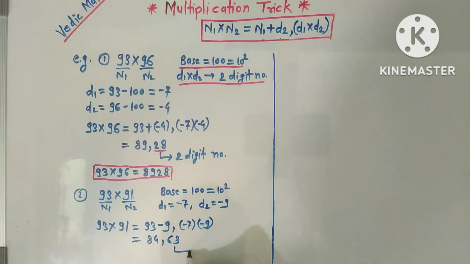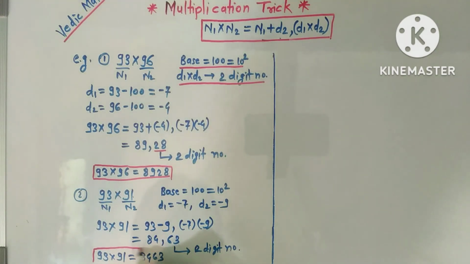See here, this is already a 2-digit number, so no need to adjust it again. So our final answer is 93 into 91 is equal to 8463. This is our correct answer. You can also check this answer on a calculator and you can see this is the correct answer.